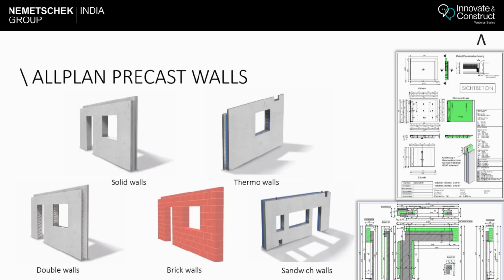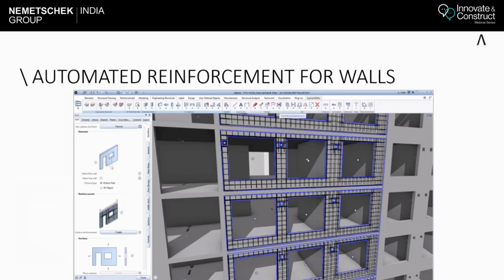We can cover that and add rebars to it as per the design intent. Then we have thermo walls, double walls, as well as brick walls. Generally brick walls are used in European countries, as well as sandwich walls. All these varieties of walls can be easily handled with the inbuilt tools from Allplan.